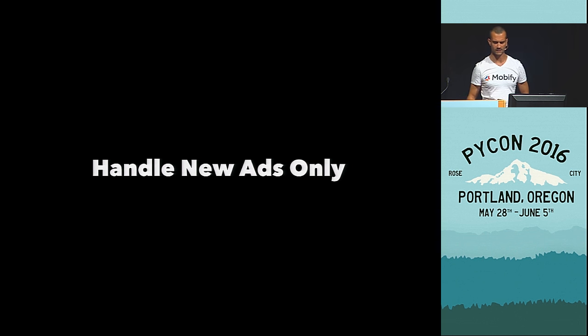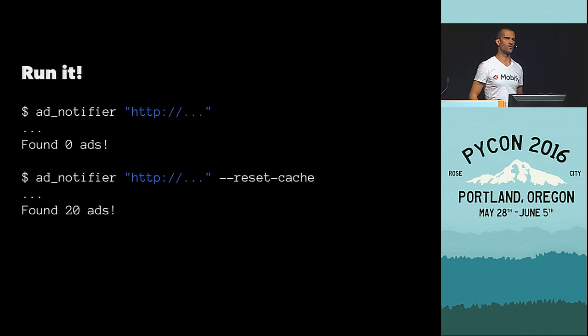And with that, we have our email notification that we send out. But so far, we haven't actually done any processing. We just send out an email every time that thing runs, and it gives us the full list. So let's say we have some caching implemented, but because we want to run this, testing it a little bit, we can add a reset cache flag to just reset that and start from scratch.